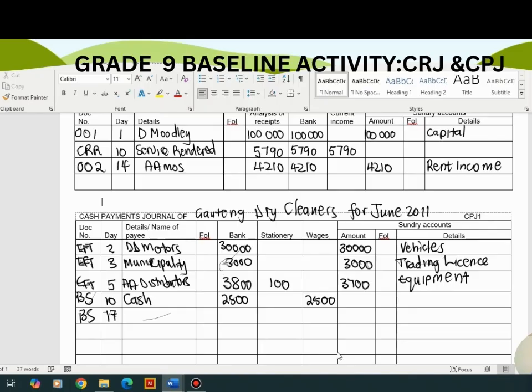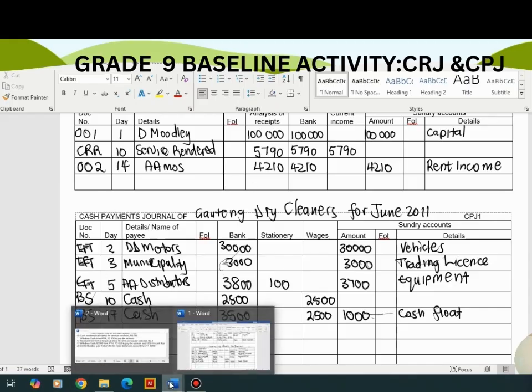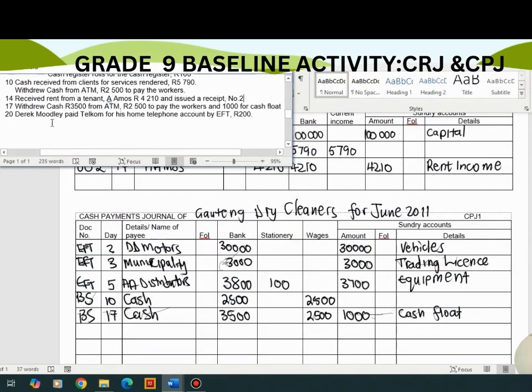The name of payee is cash. How much was withdrawn? It is 3,500. What is it for? 2,500 is for wages. Then the other amount is for cash float, which is an asset.